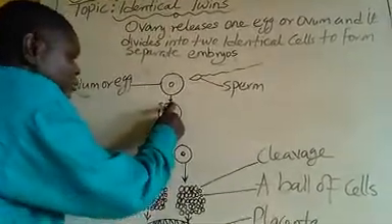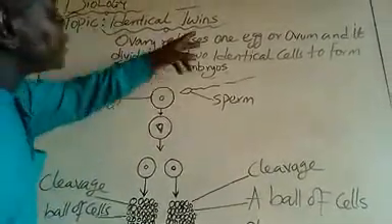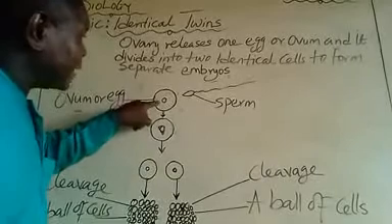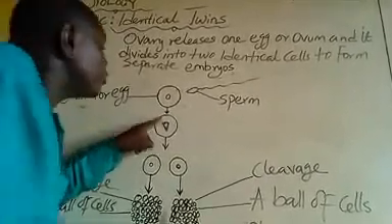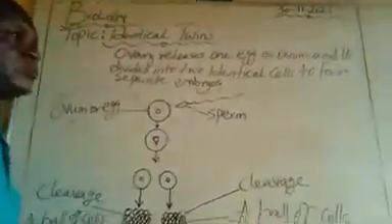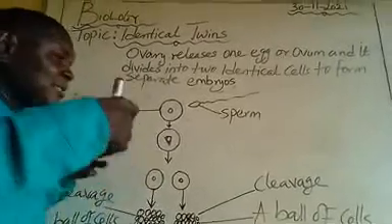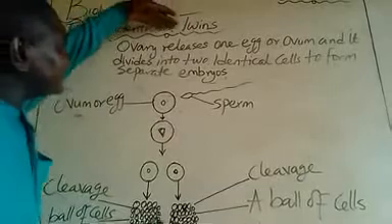Now, fertilization has already taken place. The ovary releases one egg. Look at the ovum, and it is fertilized. What is the next line of action? We are discussing identical twins.